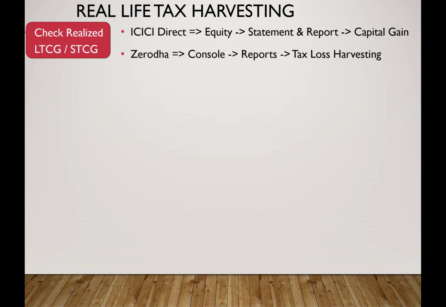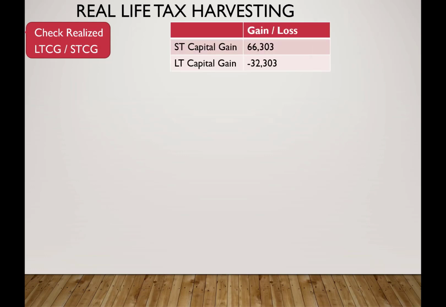So from there, what I saw for my portfolio is this particular figure. I had made a short-term capital gain of 66k in this financial year, and I have made a long-term loss of 32,000 rupees. So that is the first step. You find out what your long-term and short-term capital gains or losses are in the current financial year.